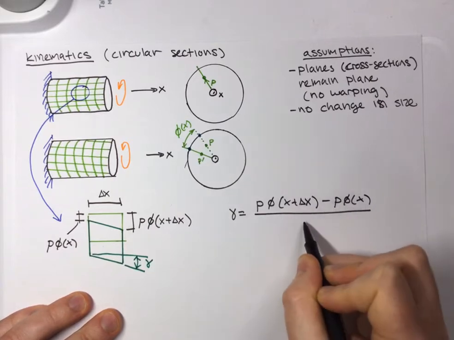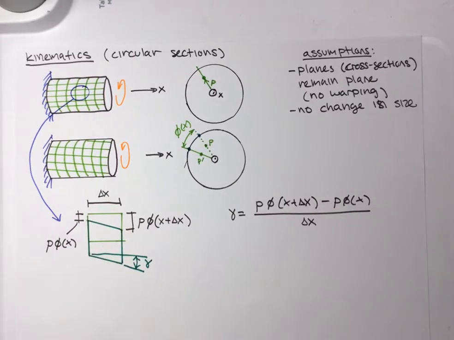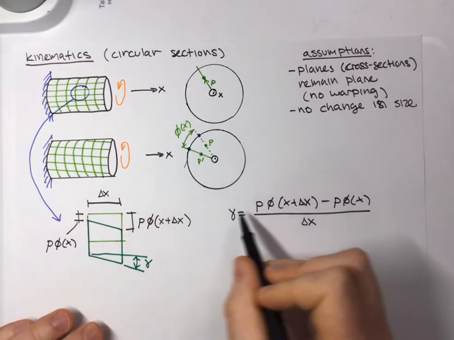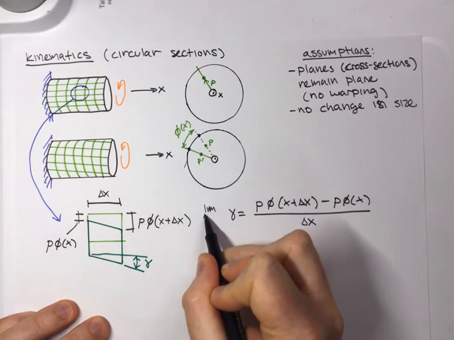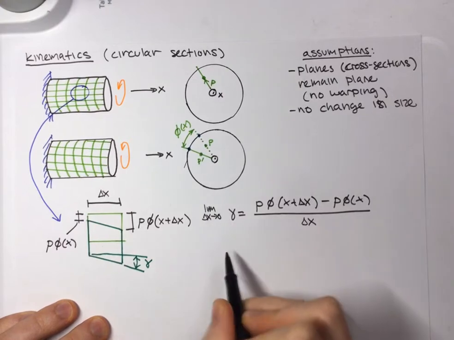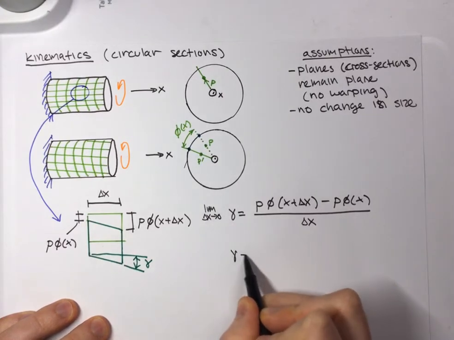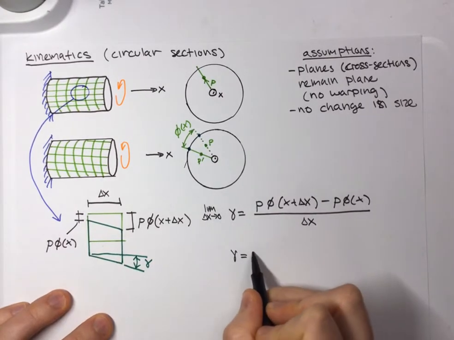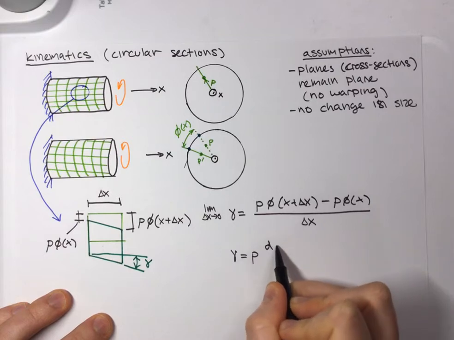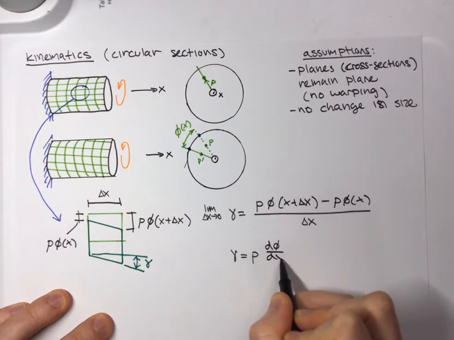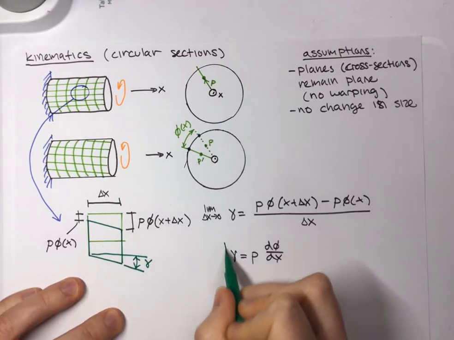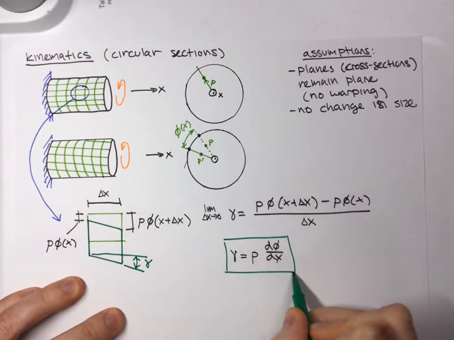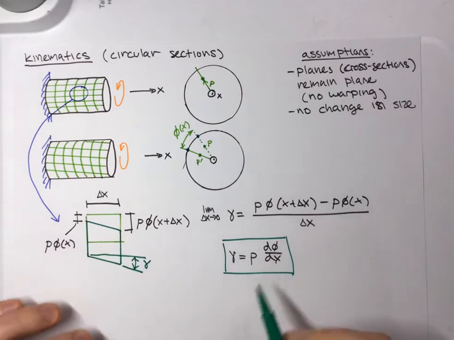All of that over the distance between them, which would be delta x. You can see what we're after here. We're going to take the limit of this whole thing as delta x approaches 0. And you're going to get that gamma, which is our shear strain, is equal to rho times d phi dx. And that is going to be our kinematic relationship for torsion.